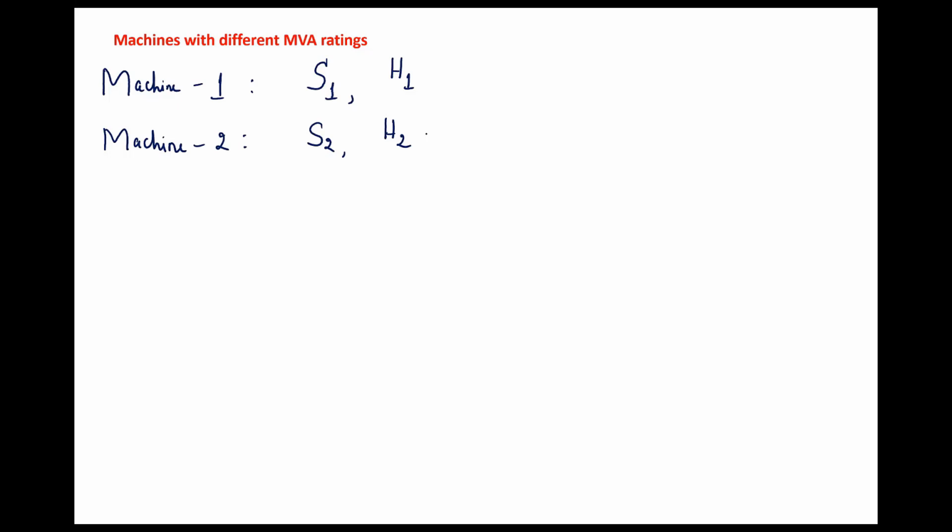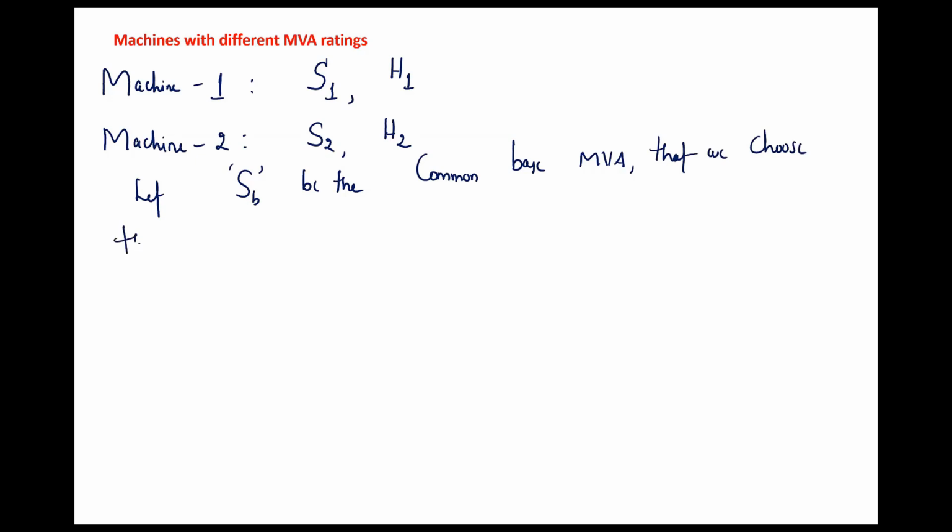Okay. So in this case, let SB be the common base MVA that we choose. Then H1 new, the new inertia constant on the base SB, will become S1 H1 divided by S base.